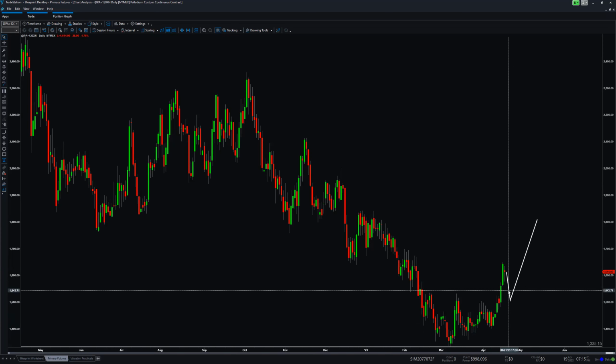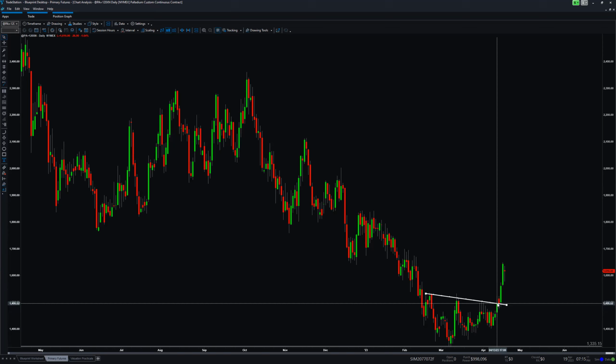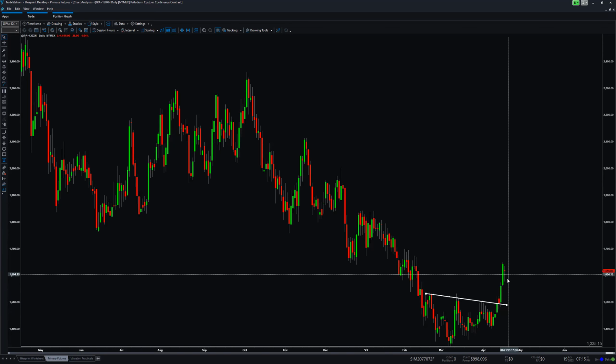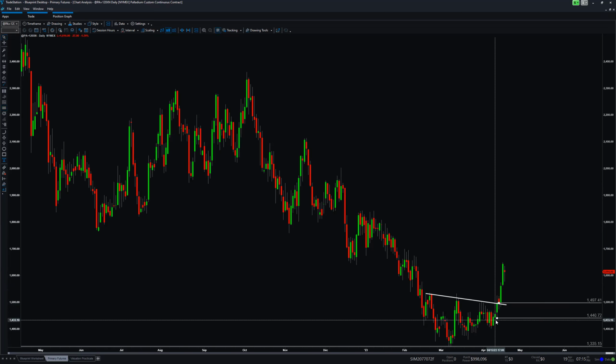Then you could also say, well, what we also talked about was, there's this neckline. If this neckline is going to get broken, then you trade the breakout. Then the question is just, okay, where do I put my stop loss? Do I put it here, or do I just use maybe the few candles to the left here?